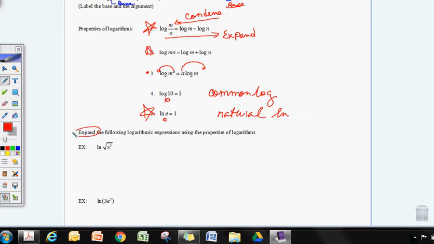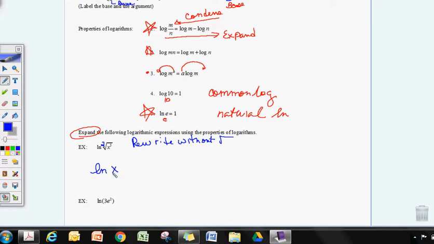So for these, they're asking you to expand it out. What's the first thing that you've got to do? First thing you've got to do is rewrite without the root. So rewrite without the square root. If I do that, that is the natural log. Oh, remember your index is 2?